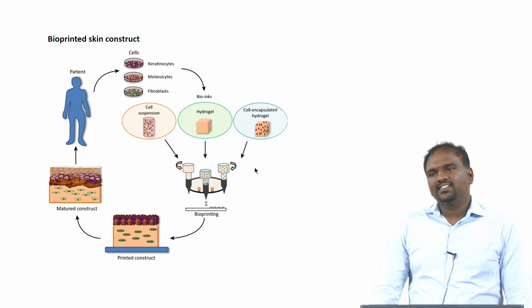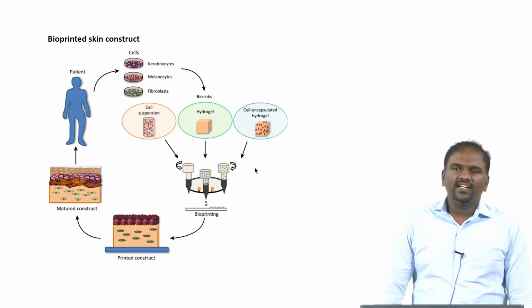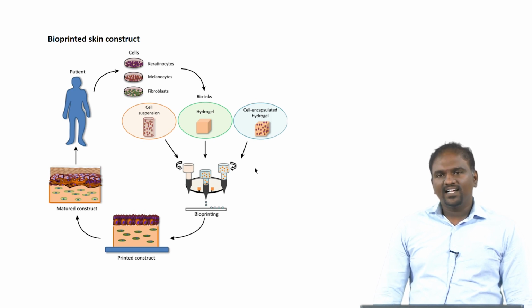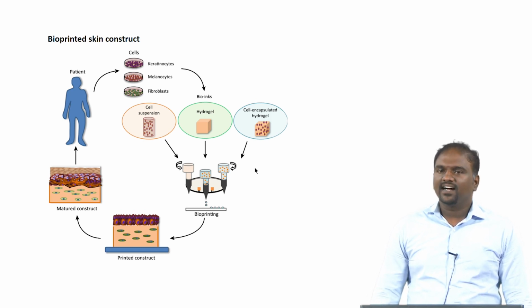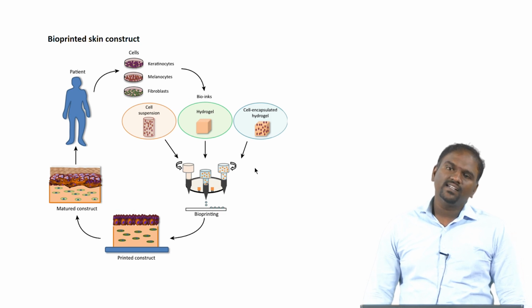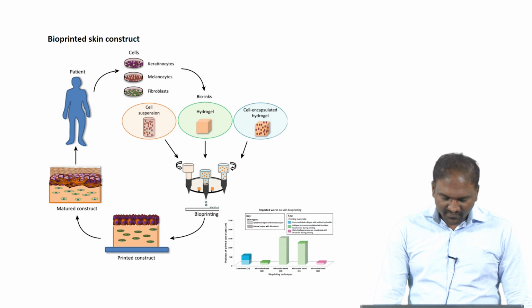If it is cell based therapy, then along with the scaffold or hydrogel, we need to culture the keratinocytes and fibroblasts, or only keratinocytes or only fibroblasts according to our interest, and they will be grown in vitro, and once they mature, they will be placed into the patient's body and used as a regenerated skin.